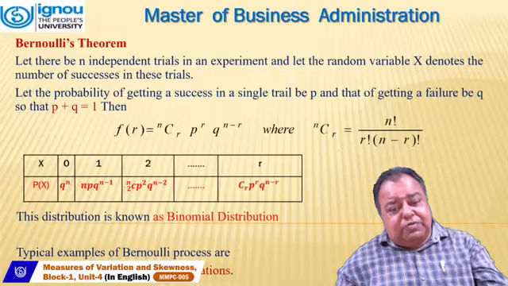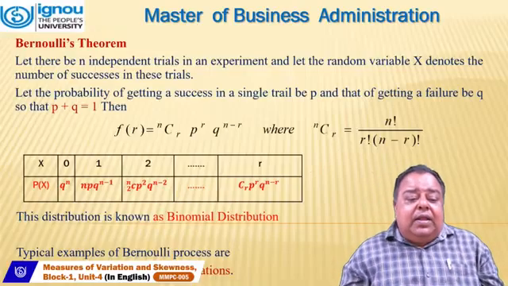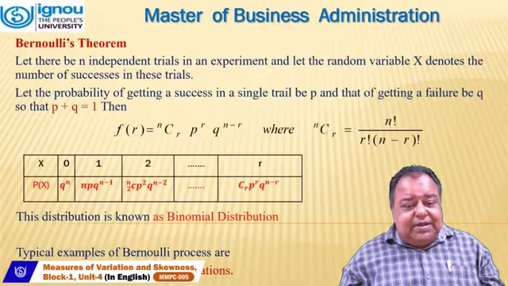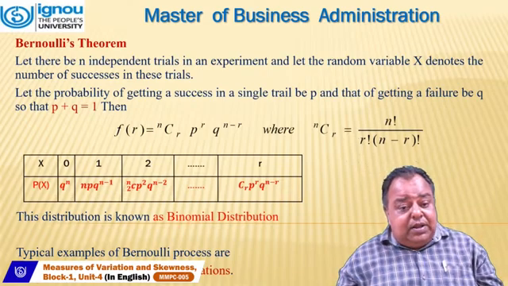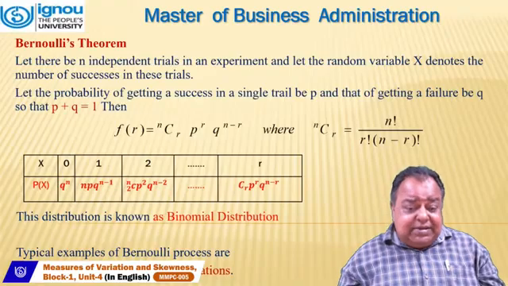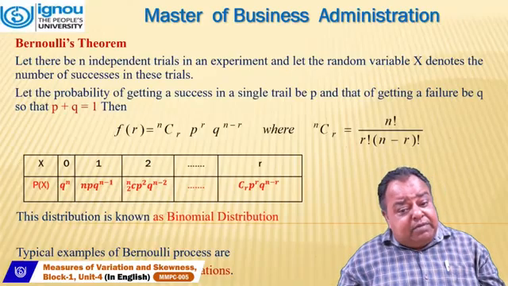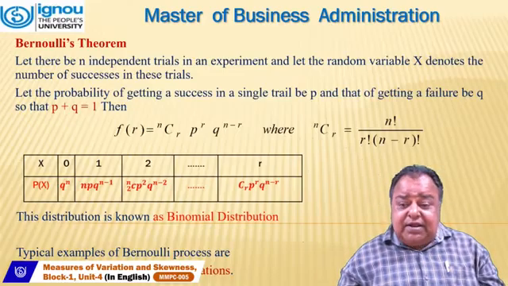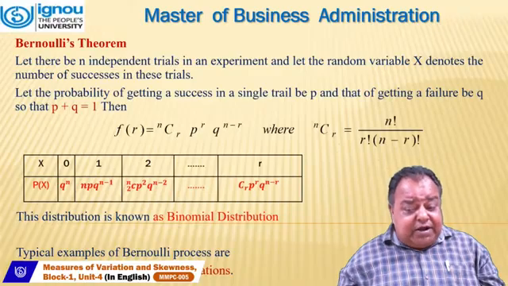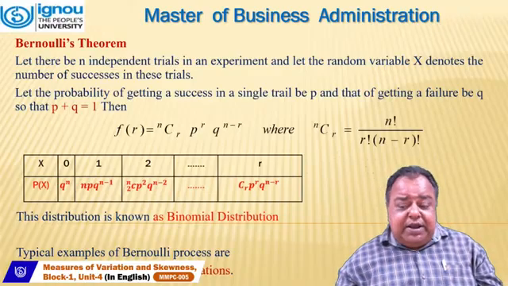For getting the output of P(x), we have a relation for evaluating it, which is equal to nCr p raised to the power r times q raised to the power n minus r. Now the question is how to evaluate nCr. nCr is equal to n factorial upon r factorial into n minus r factorial.